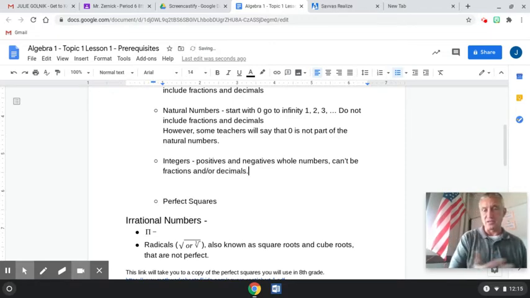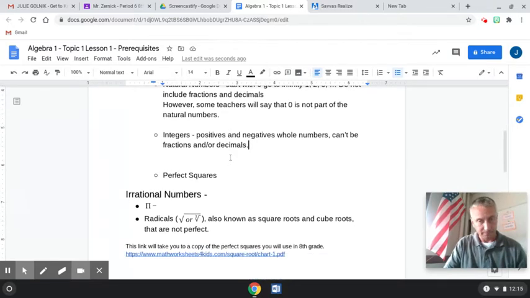So it's positives and negatives. The big deal with integers is they're still whole numbers, but some are positive, some are negative. We still consider them to be an integer. So the number 5 is an integer. The number 5 is also a whole number. The number 5 is also a rational number. The number 5 is also a real number. So there's all kinds of things.